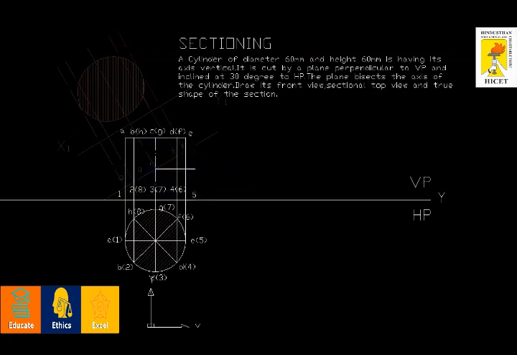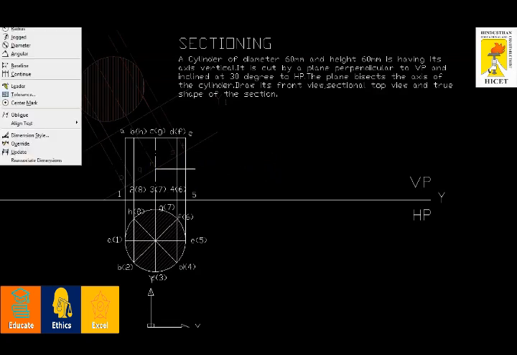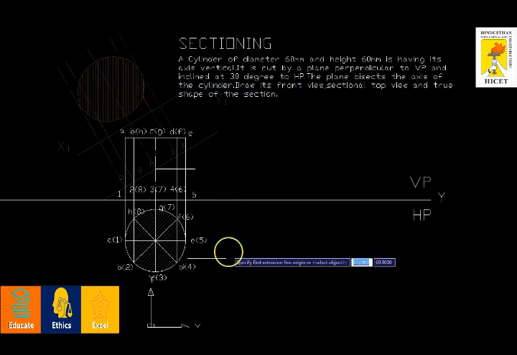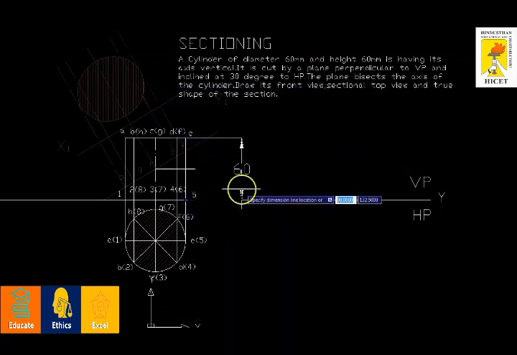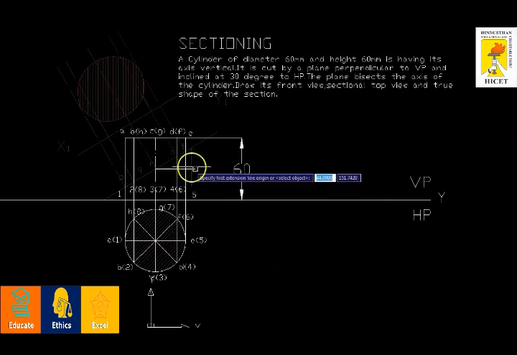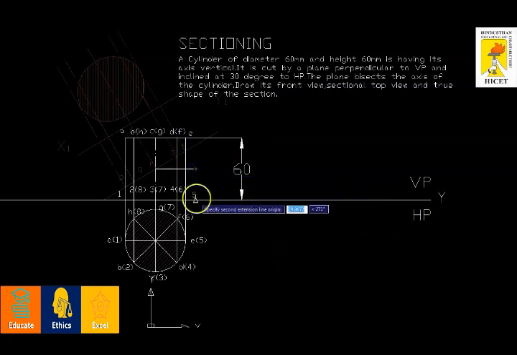See, this is for 30. I have made it, right? This is total 60. So for 30, I have drawn a line.